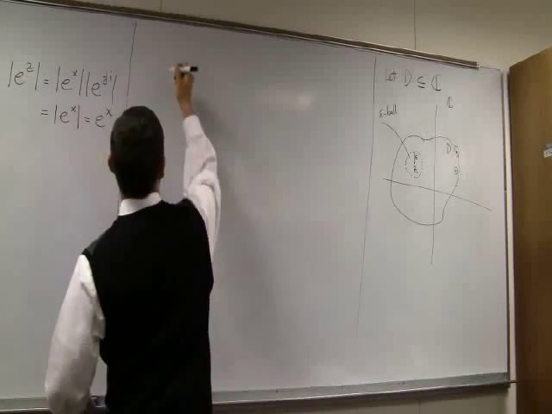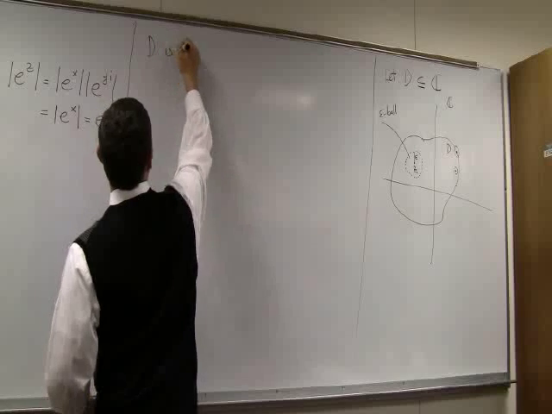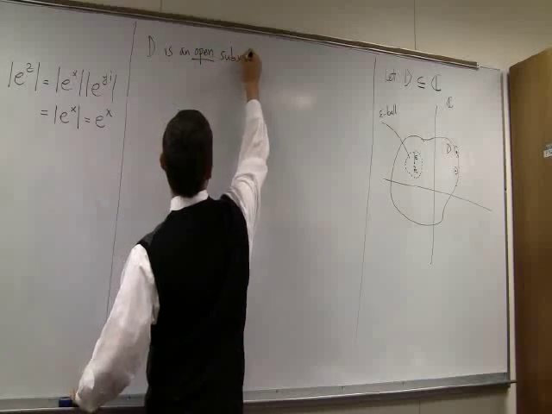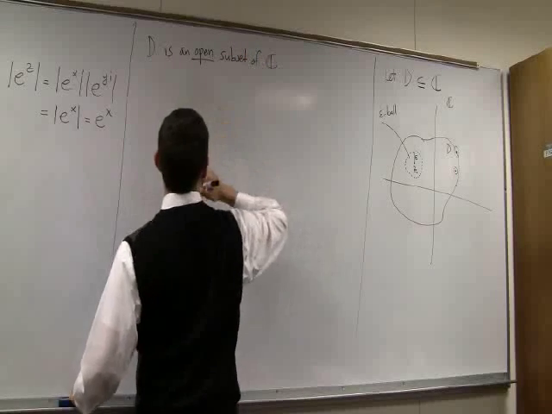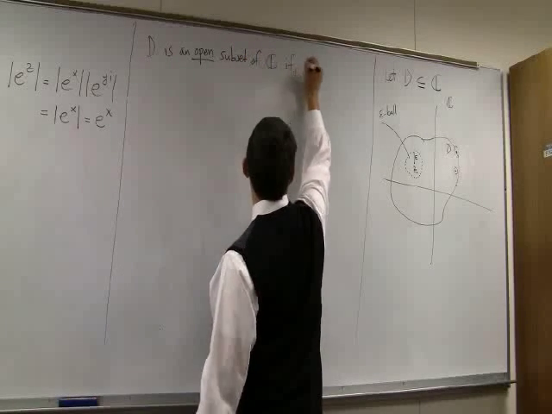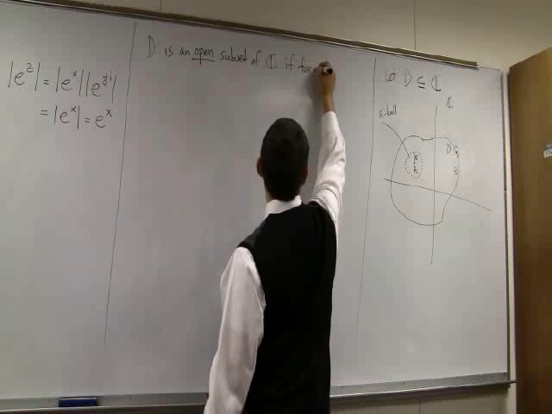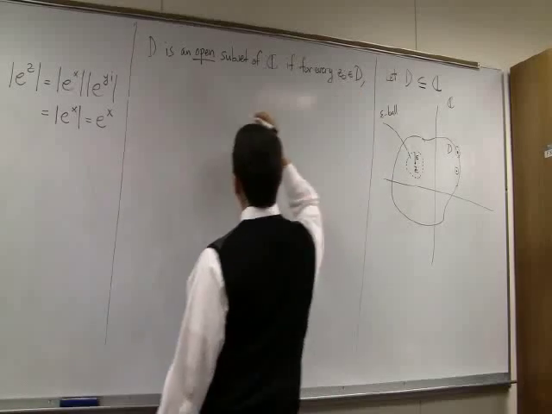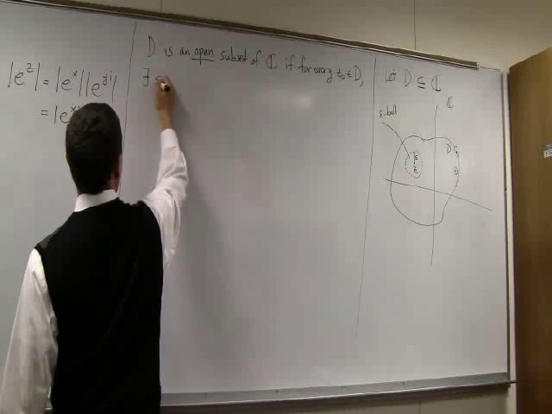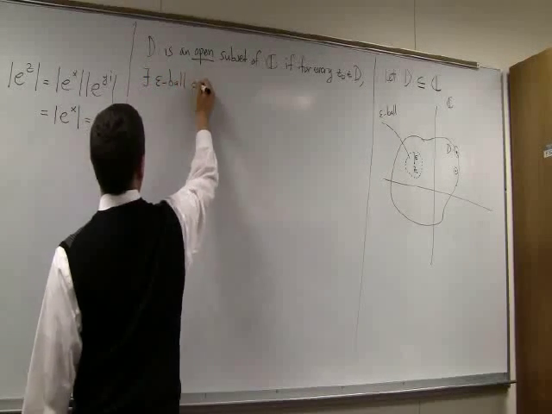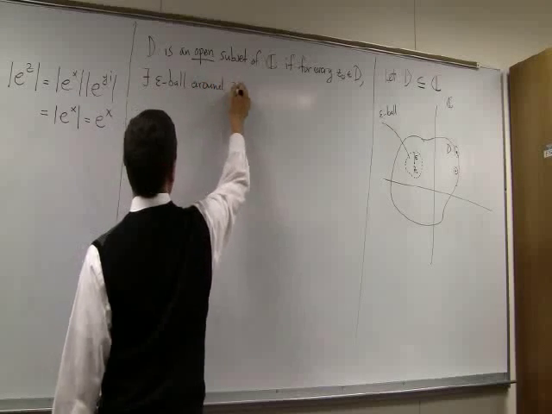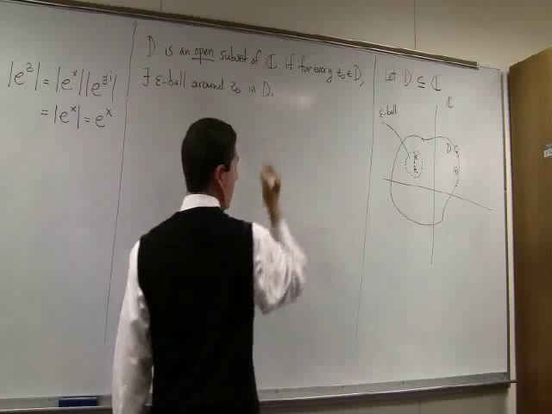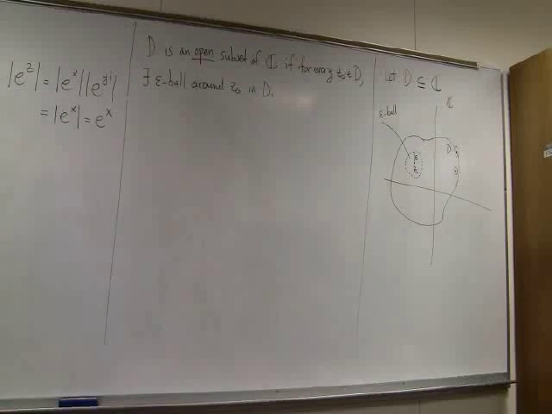So D is an open subset of C if for every Z0 in D there exists an epsilon ball around Z naught in D. So in D meaning the whole epsilon ball is completely contained in D.